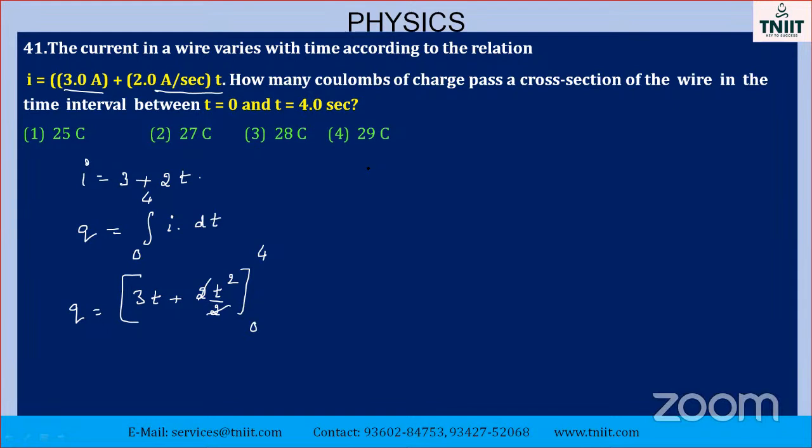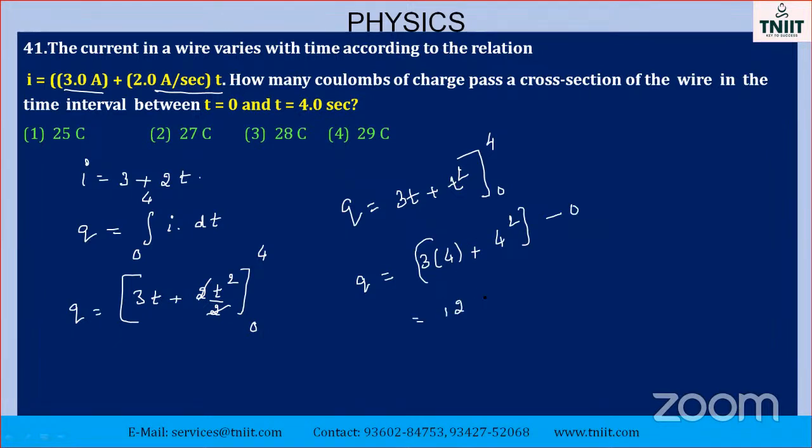So Q is equal to what? Q is equal to 3t plus t squared. What is the limit? 0 to 4. So Q is 3 into 4 plus 4 squared, upper limit minus lower limit.